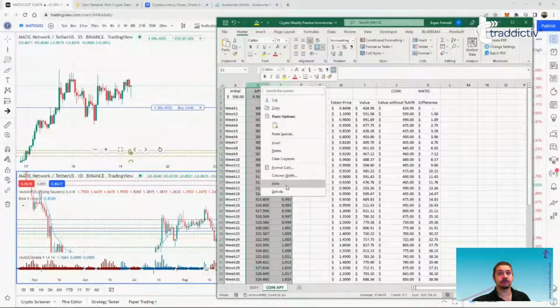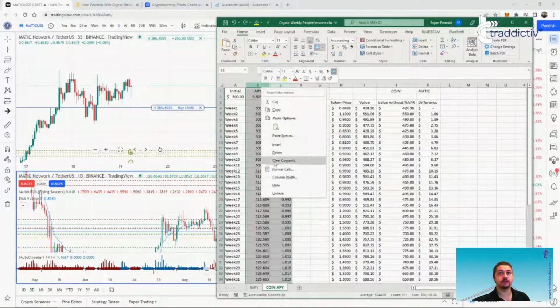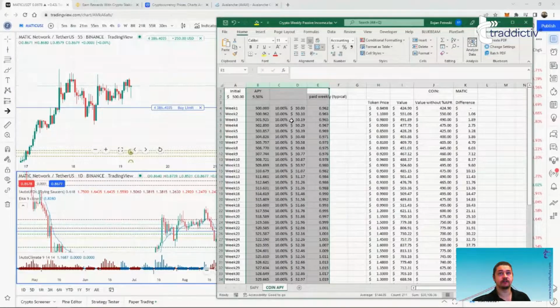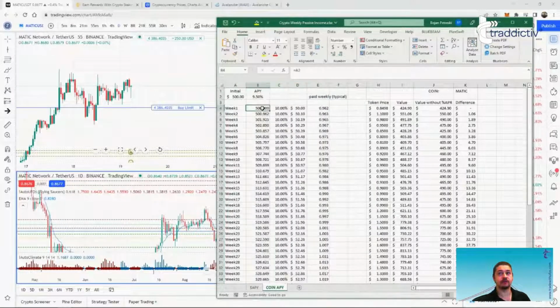Why is it already reducing? I think it's because I have the value here, APY. Oh, I know why. Okay, that's fine.